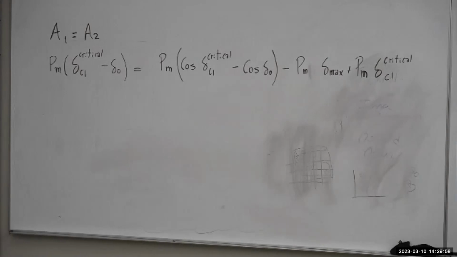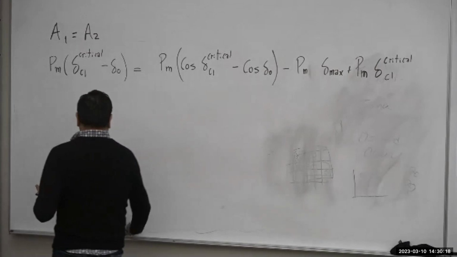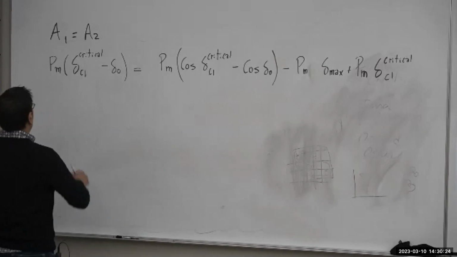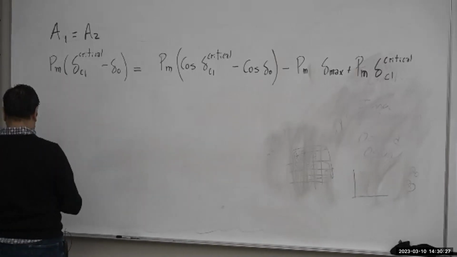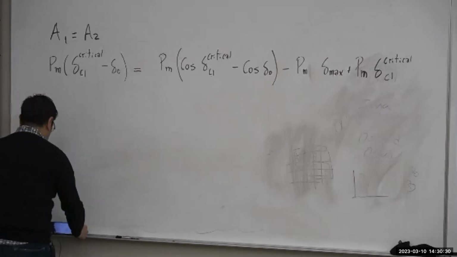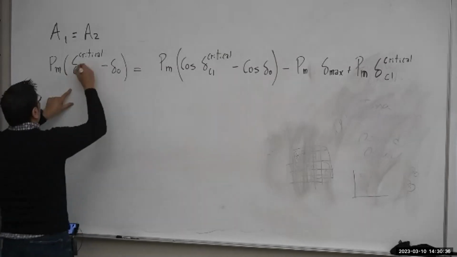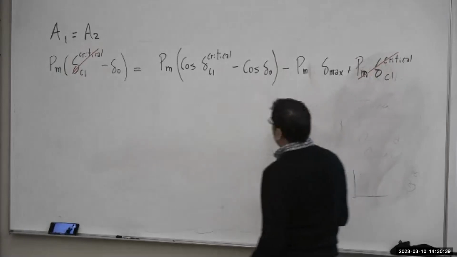This becomes positive, and the other is negative. So as you can see here, there is one term that gets canceled. This PM delta critical clearing angle will get canceled with this one on that side.